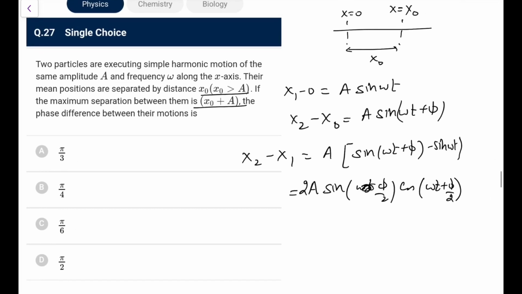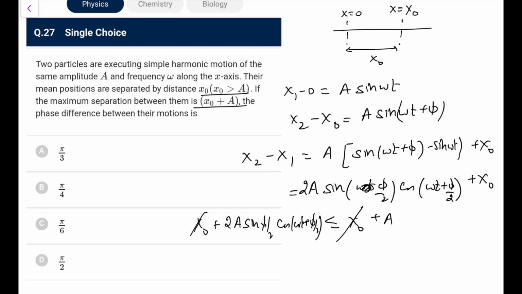So this is the gap, and this gap should be less than or equal to x0 plus A. I made a mistake, this should include x0 also, I missed that x0. So x0 plus 2A sin phi by 2 into cos of omega t plus phi by 2 should be less than or equal to x0 plus A. This cos term will vary from minus 1 to 1.